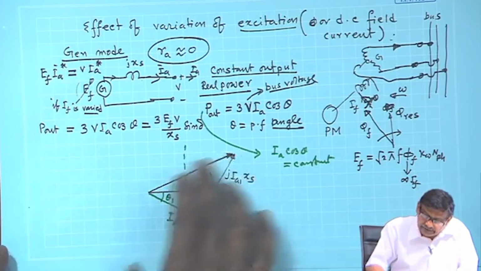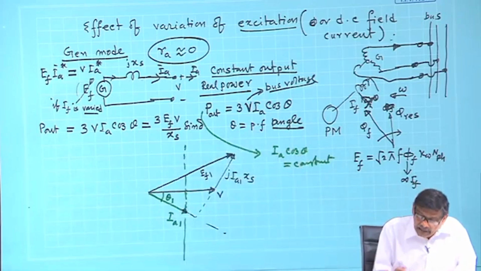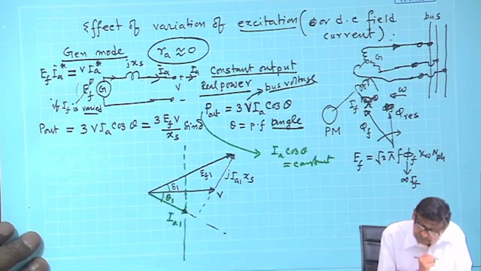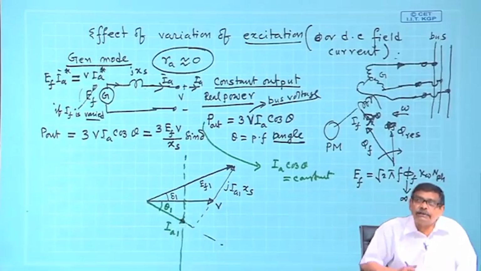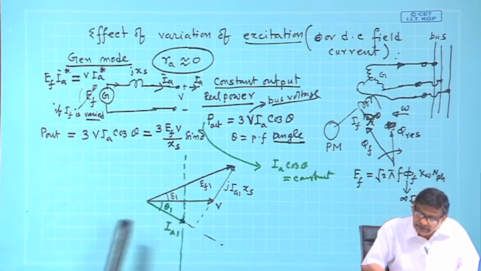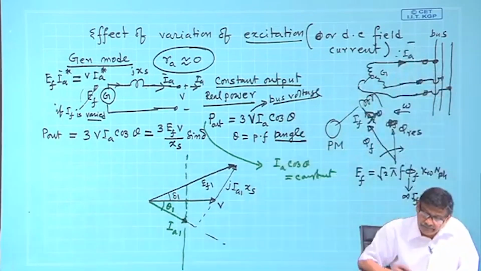At that time, V plus I_A j X_s is this one, and this angle is delta 1. At this load angle, as delta is sometimes called, this synchronous machine is operating as a generator. Why generator? E_F is above V and it is delivering current I_A. Understood?